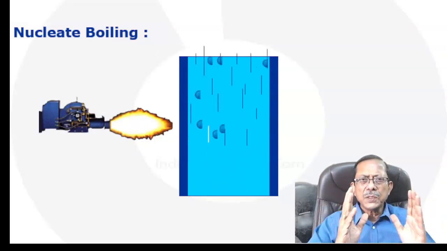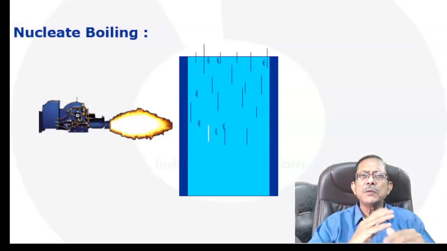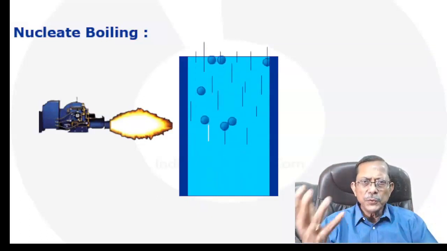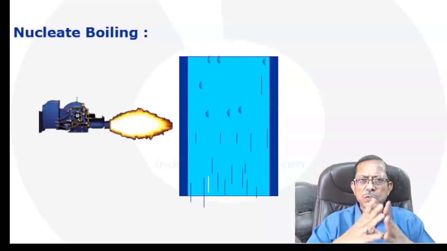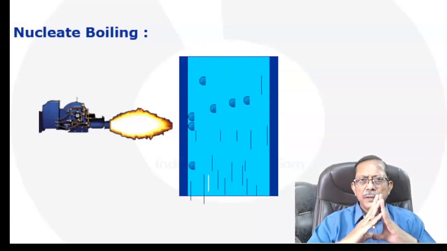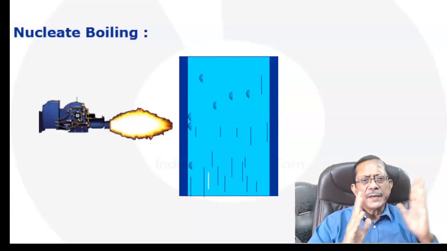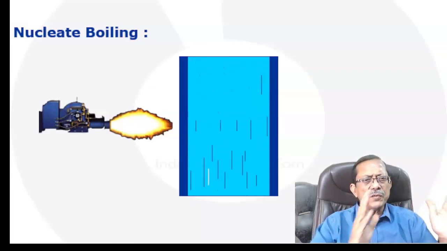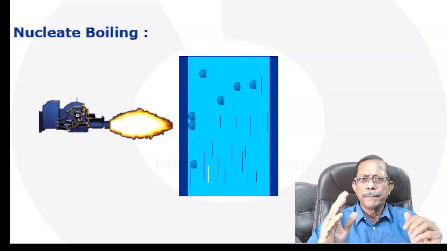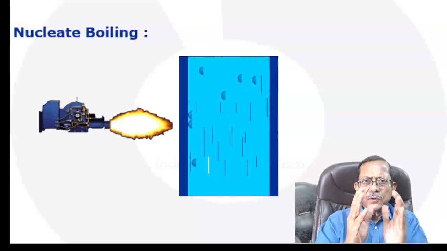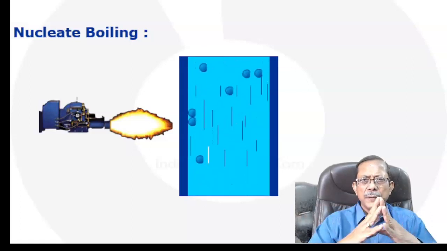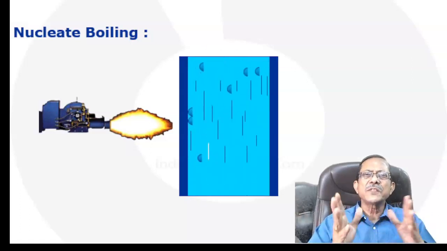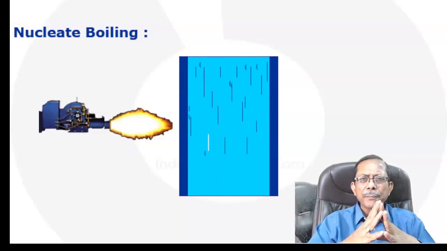right? And that is the process through which heat is continuously being transferred from the flue gas side to the water inside the tube, and the steam is also formed in the same process. Now one good thing we have is that the rate at which the heat is given from the flue gas to the metal and the rate at which the metal is giving the heat to the water will depend on the heat transfer coefficient between these two media.